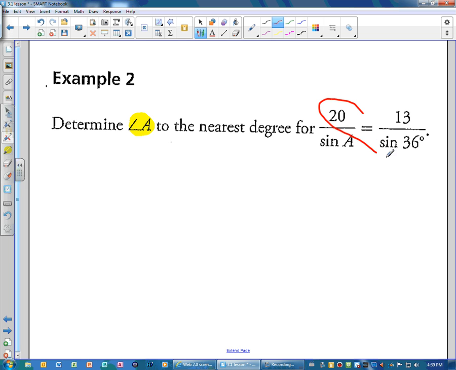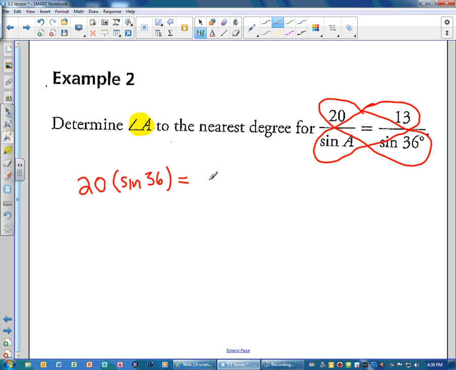I can say 20 times the sine of 36 is the same as the sine of A times 13. Notice I always put my number first because I want to keep that side length separate from the angle. So I have 20 times the sine of 36 equals 13 times the sine of A.